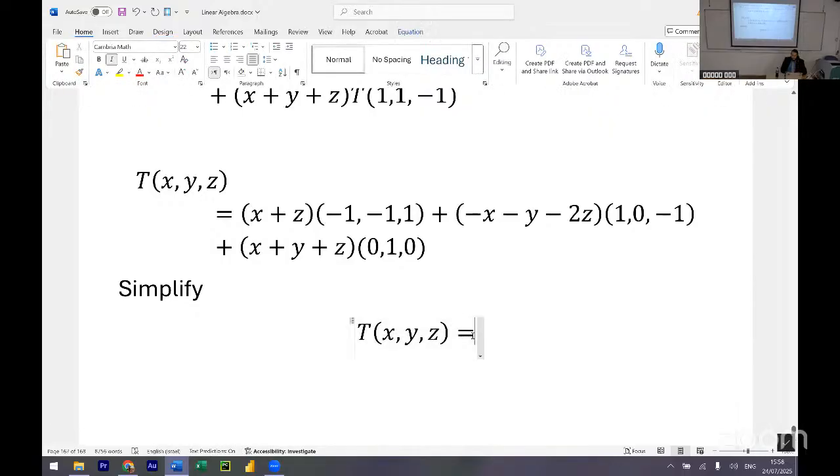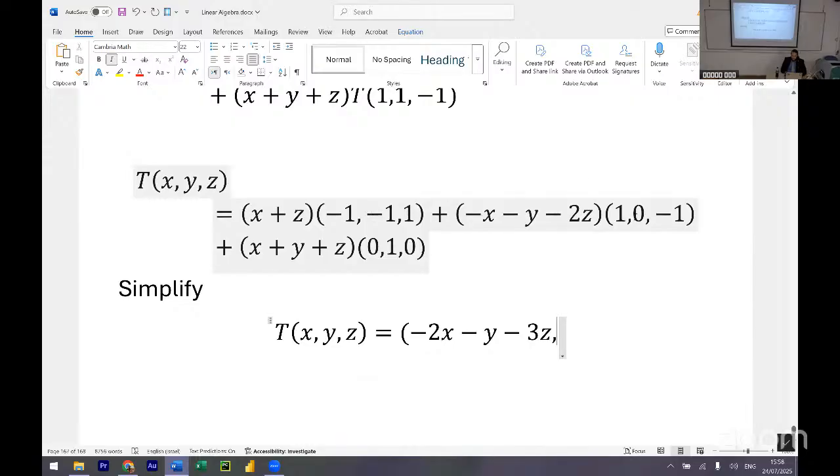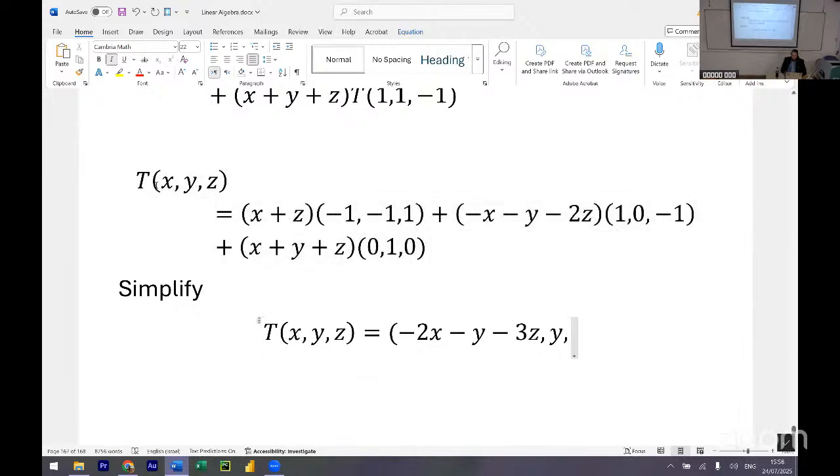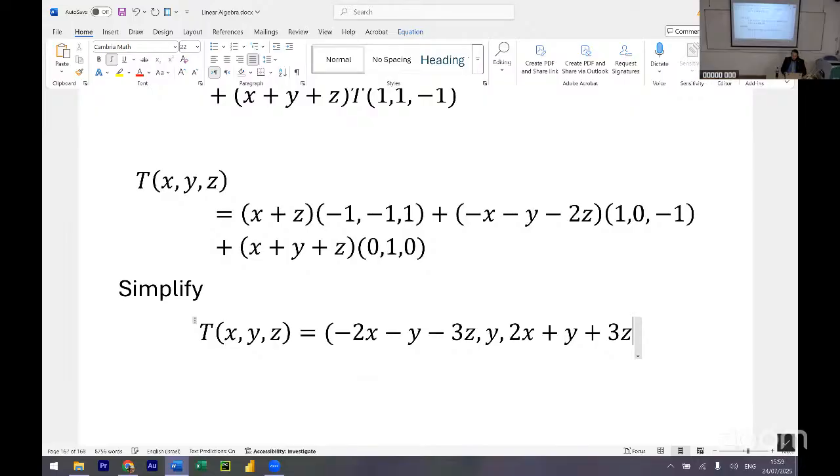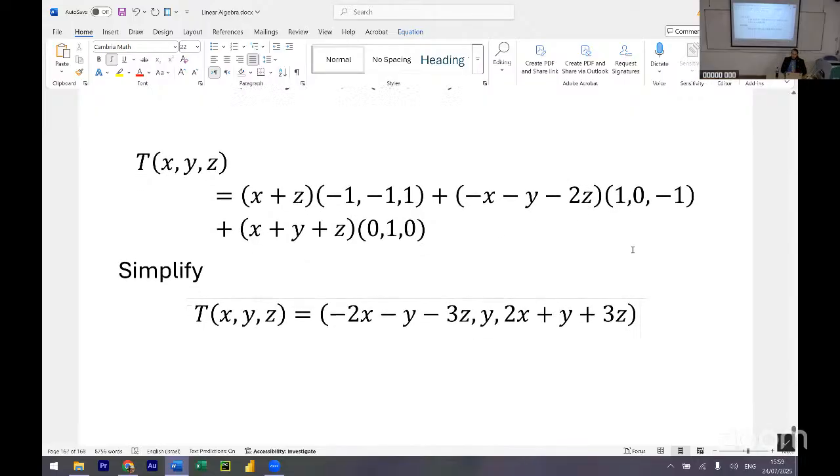So you get minus 2x minus y minus 3z, comma. Now, minus x minus z, this is 0, but this is 1. So it's y. Last, x plus z, so the x is cancelled. No, it's minus. So it's x plus z plus x. So it's 2x plus y plus 3z, if I didn't make an error.